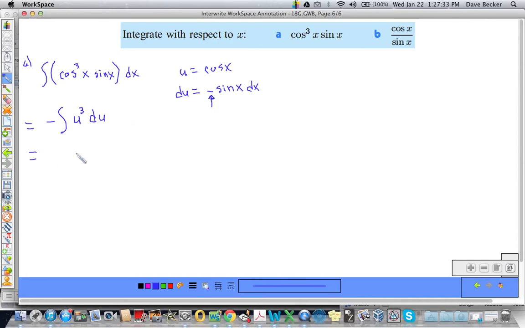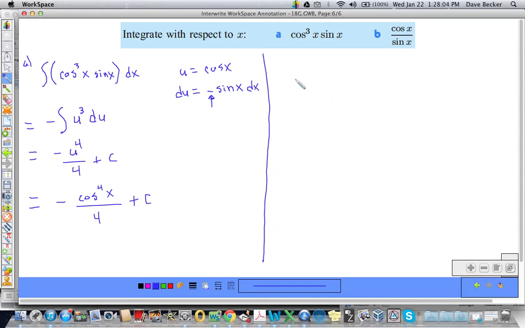So now we have this being equal to negative u to the 4th over 4 plus c. And then all I have to do is simply replace u with cosine x, so that becomes negative cosine to the 4th x over 4, or cosine x, the entire thing to the 4th power, plus c. Easy peasy pumpkin pie.